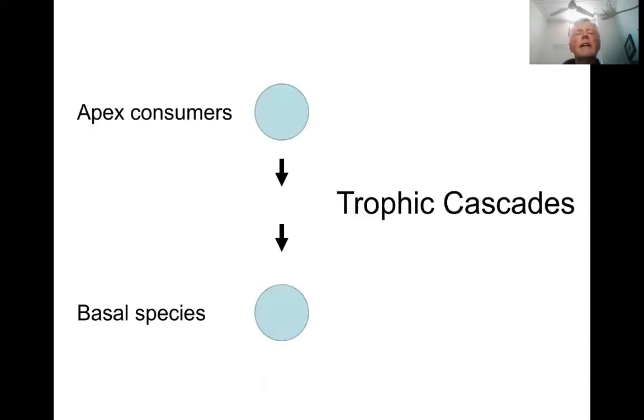And this idea that grew out of the notion of a predator influencing an herbivore and thus influencing a plant grew into the concept of what is now known as a trophic cascade. A trophic cascade is nothing more than the top-down effects from the apex predator downward through the food chain. That's what a trophic cascade is.